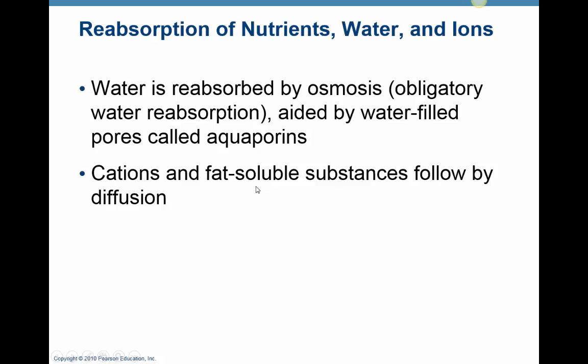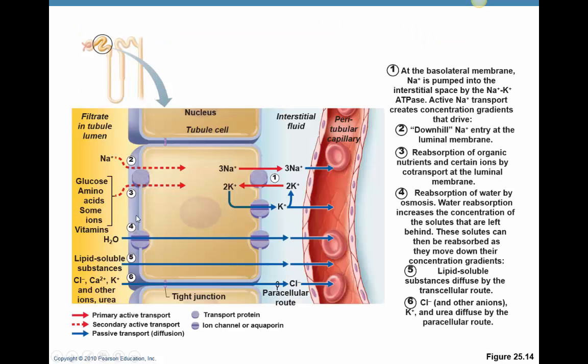So this is just kind of a visual showing you all the different types of transporters we see in the luminal membrane here. So we've got these secondary active transport. Sodium is using the ATP to make a concentration difference, and glucose, amino acids, ions, vitamins, they're just along for the ride. Water here is passing right through via an aquaporin.